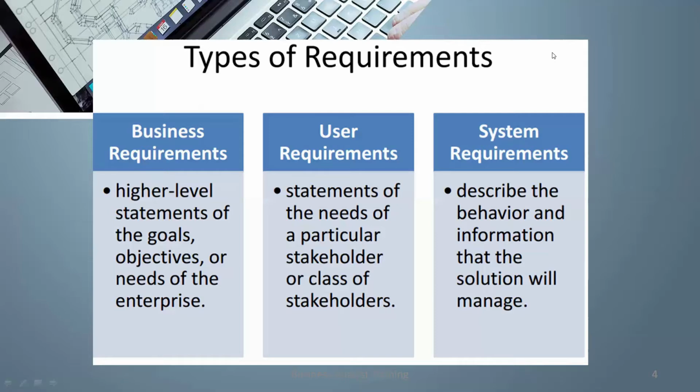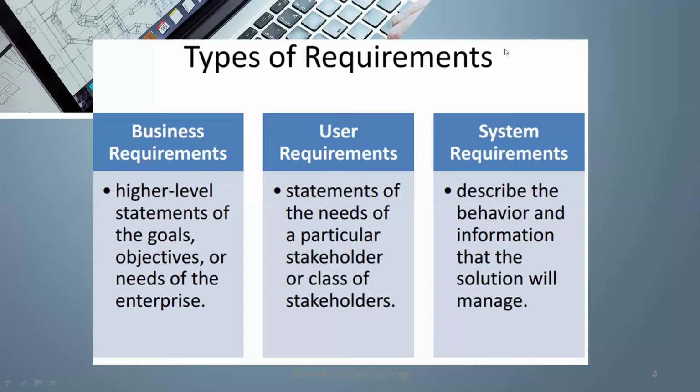User requirement is the capability required by the user in order to meet the business requirement. And system requirements are the capabilities which are required. So you are providing the solution. System requirement is the solution which will meet the requirements of the user requirement so that user can achieve business requirement.